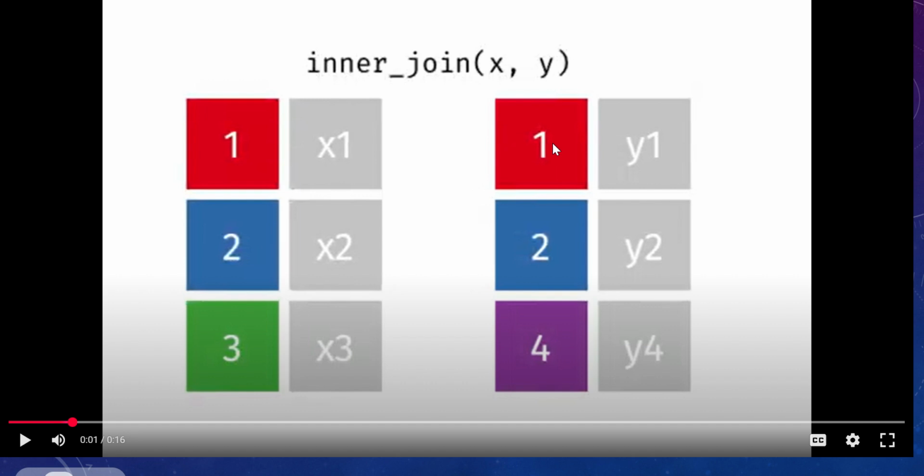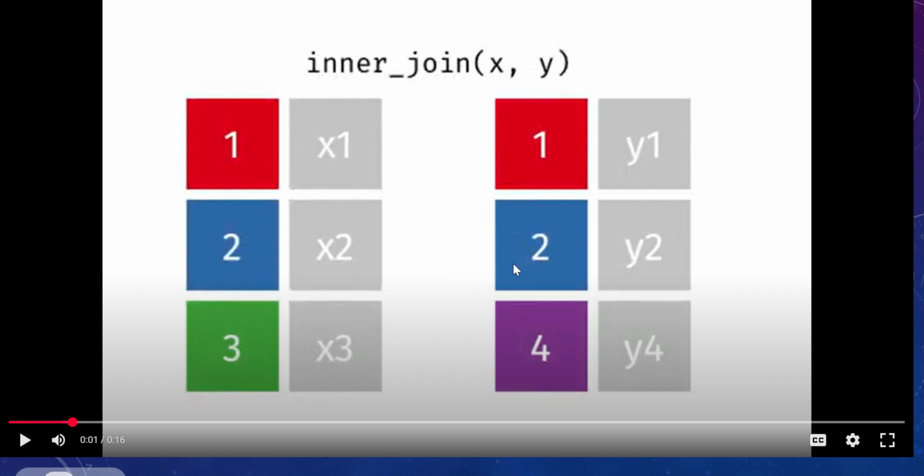In table 2, or the right table, there are again three rows in the first column, 1, 2, and 4, and the second column contains y1, y2, and y4. Now if we join these two tables, you can see that column 1 is common between the two tables, and we are joining on the basis of this common column.